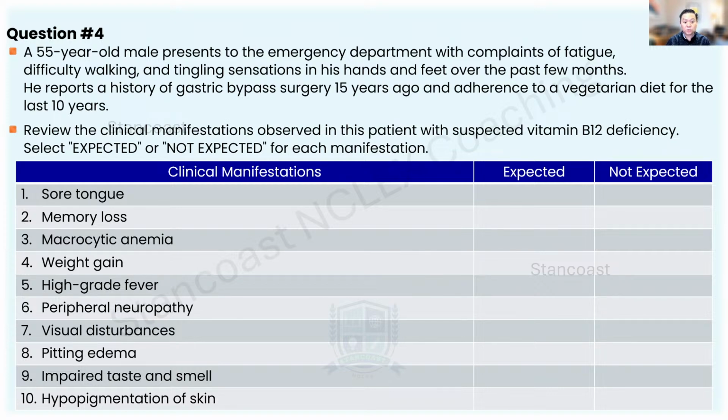Number 1, sore tongue. 2, memory loss. 3, macrocytic anemia. 4, weight gain. 5, high-grade fever. 6, peripheral neuropathy. 7, visual disturbances. 8, pitting edema. And also we have impaired taste and smell for number 9. And 10, we have hypopigmentation of the skin. So assign these clinical manifestations to expected or not expected.